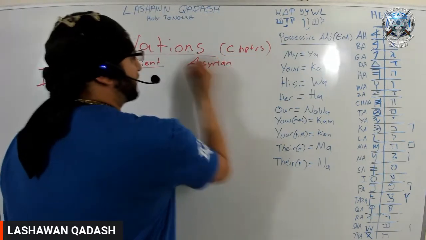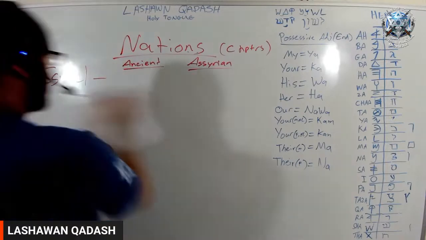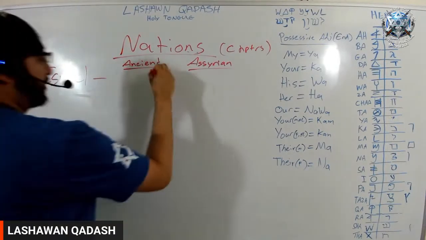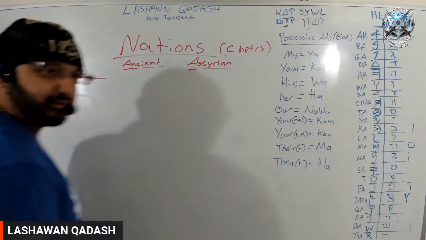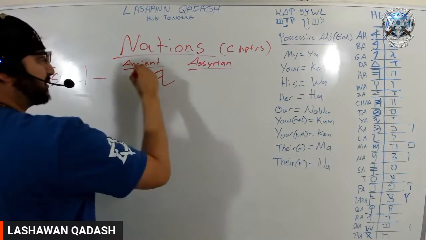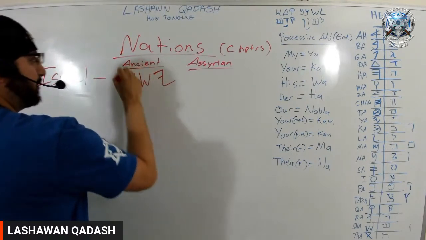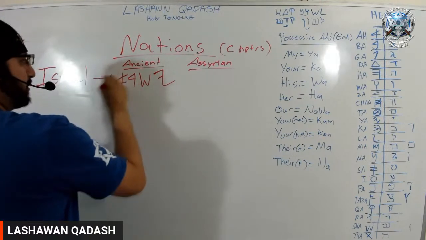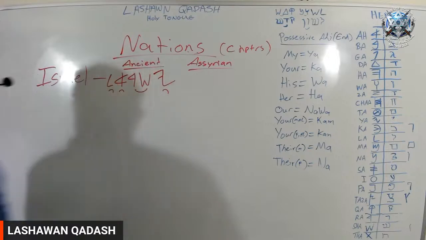Using the same characters we've been using the whole time, we're going to do the characters for Israel. We know Israel is what? How do we say it in Hebrew? Okay, keep going. Yashar Allah.